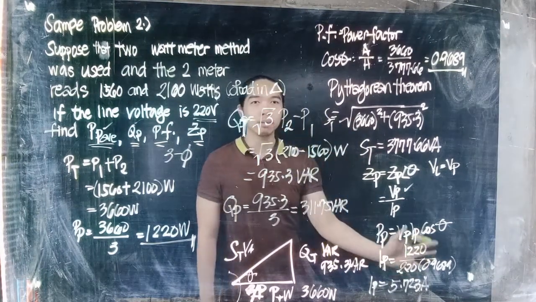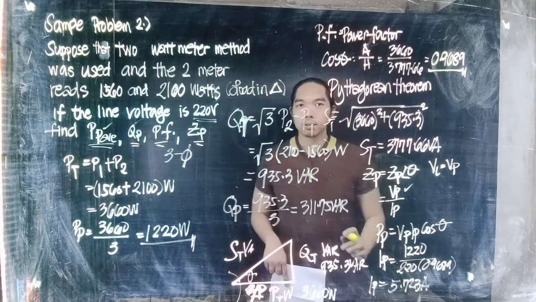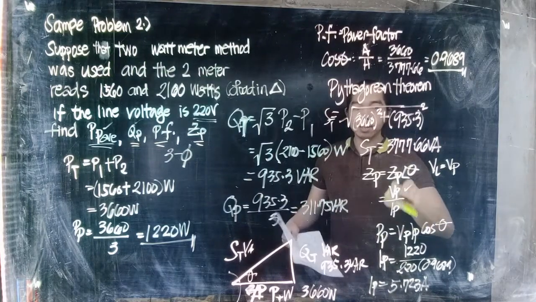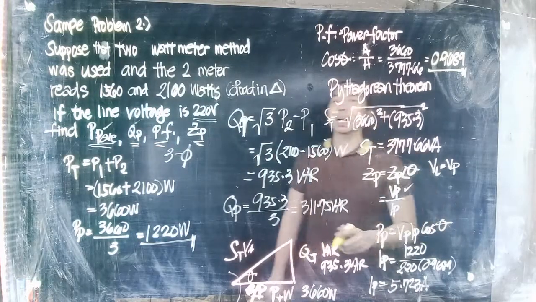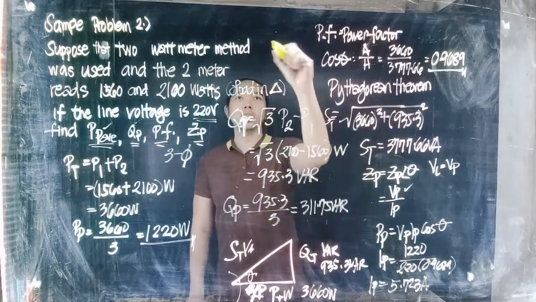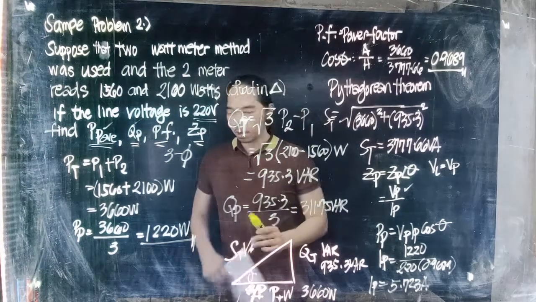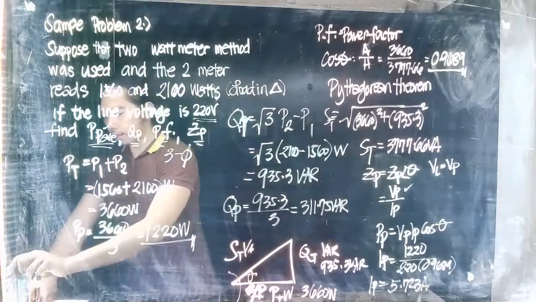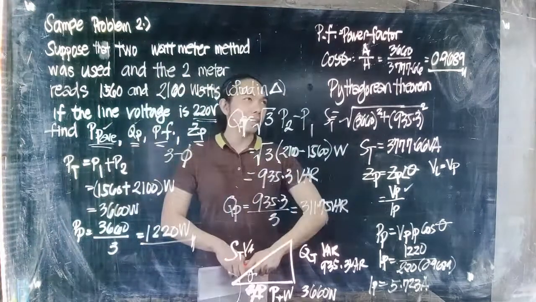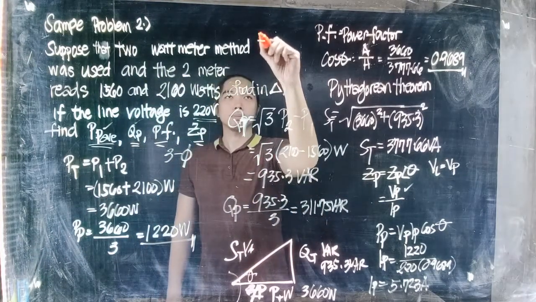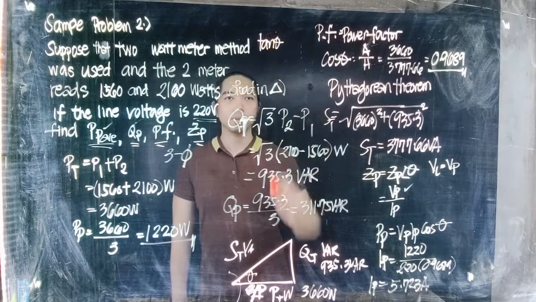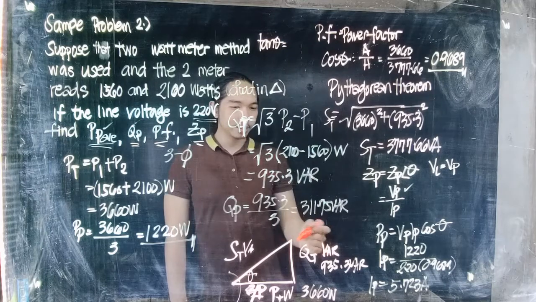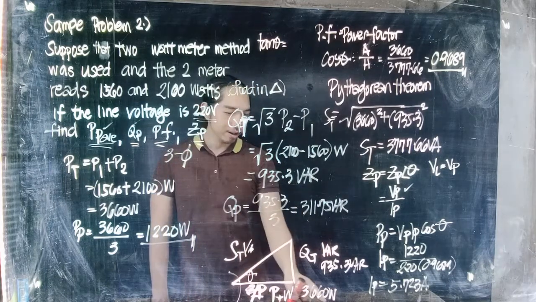Okay, I'm running out of space. Now, may IP na, may VP na, yung phase angle theta. So sabi ko, pwede natin gamitin kanina si tangent theta. Okay. So if we use tangent theta, we can solve for that. So pag ginamit natin sa tangent theta, so that is this one over this one.